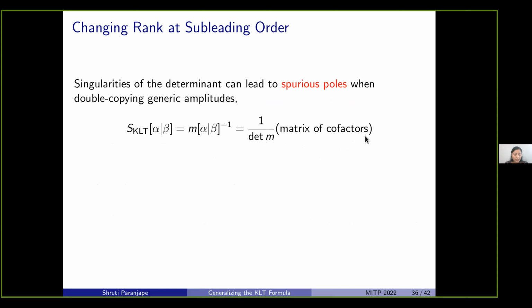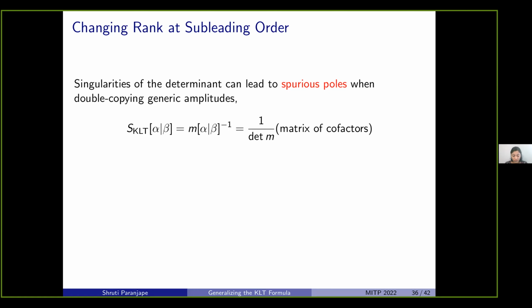Now, cofactors are just products of sums and differences of products of matrix elements. And in this case, each of the matrix elements is a physical scattering amplitude. So sums and differences of products of scattering amplitudes can never have any extra poles or any bad poles in them. They can only have poles at physical locations.